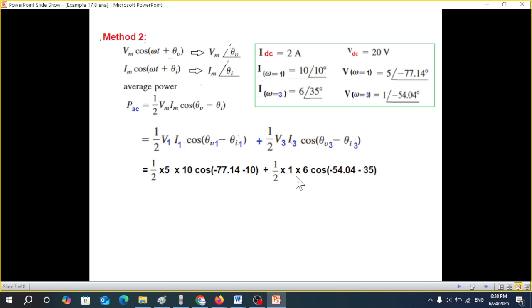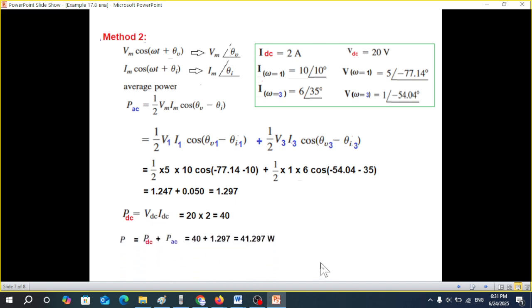And similarly, in the other case, V3 I3, so it is 1 and 6, and theta V3 is minus 54, minus 35, and solving you get the same answer. This is for the AC. Now we add the DC power 40, and so the answer is exactly the same, 41.297.